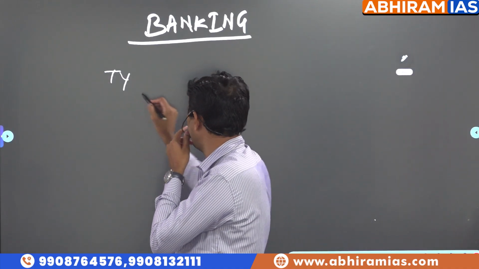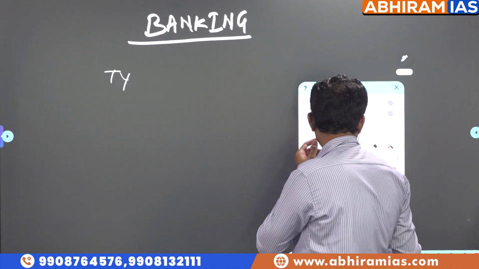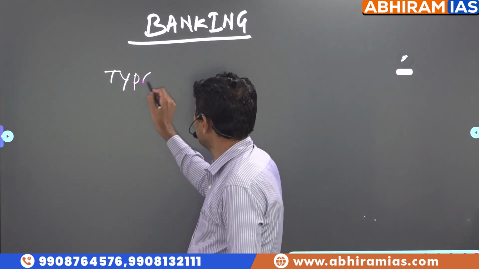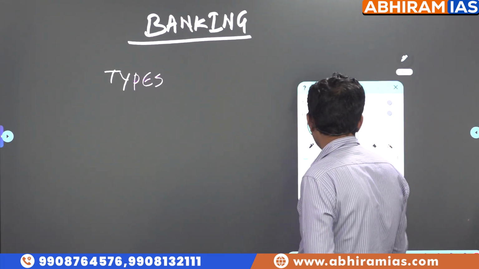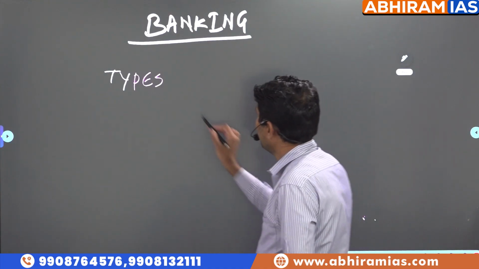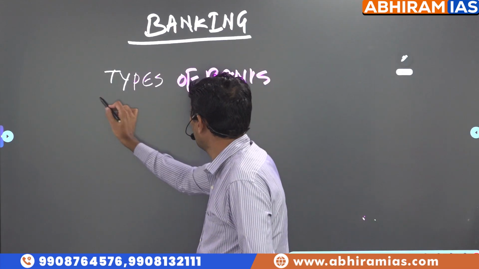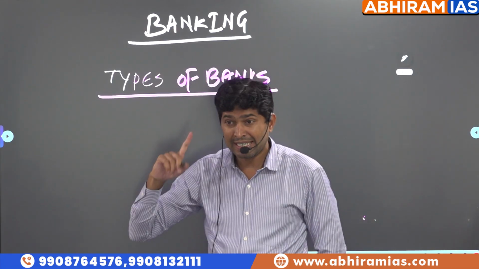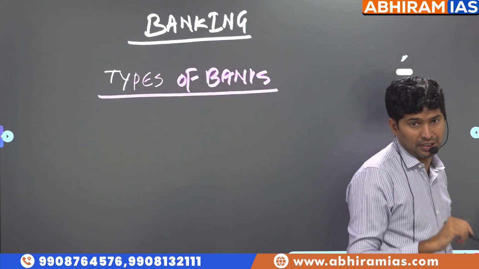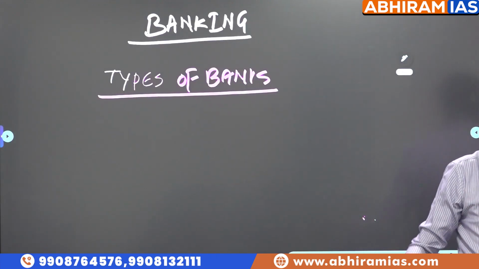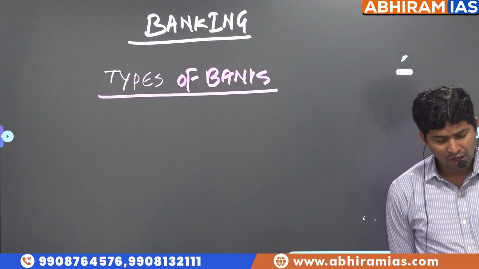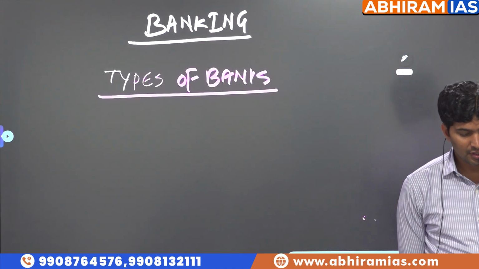So in types of banks, specifically they're asking scheduled bank, non-scheduled bank, small finance bank, payment banks. So core operations of the banks, developmental, commercial, cooperative, RRBs, type and the nature and their core operations. One of the regular themes for prelims is what small finance bank does, what payment bank does, comparison.